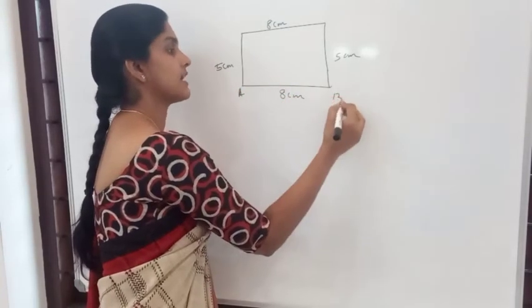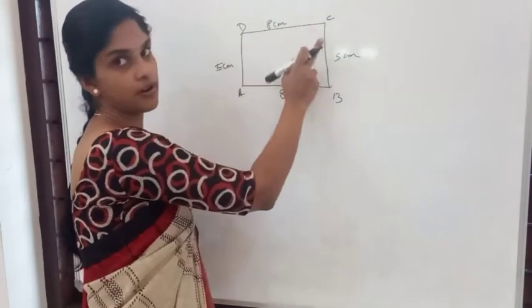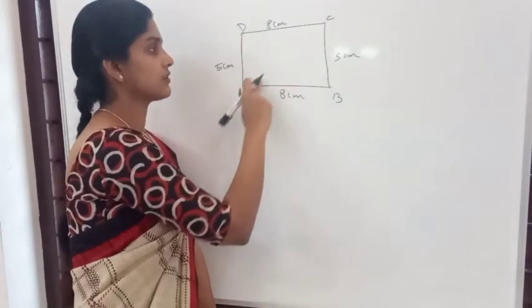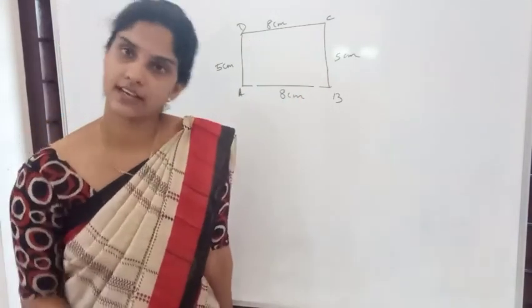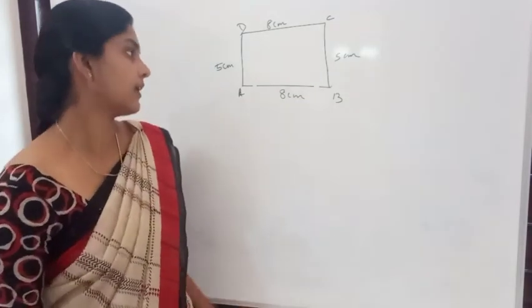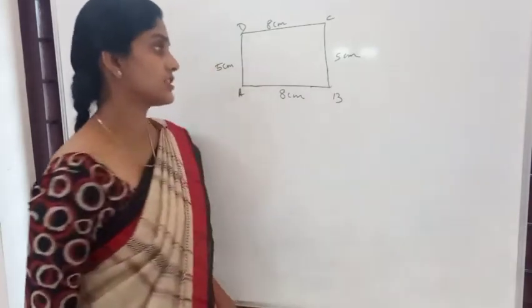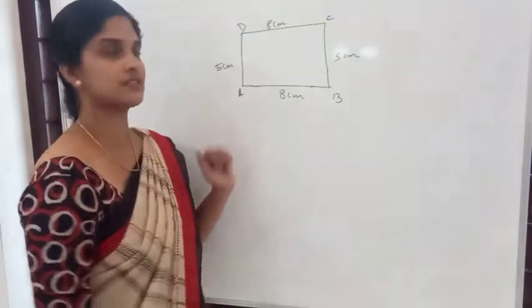Let us name it as A, B, C and D. If AB is equal to 8 centimeter, then DC will also be 8 centimeter because the opposite sides are equal, and if AD is equal to 5 centimeter, BC will also be equal to 5 centimeter because opposite sides are equal. Okay. Now if you are given the measure of the sides of the rectangle, you know how to construct it, right? How will you construct this rectangle?